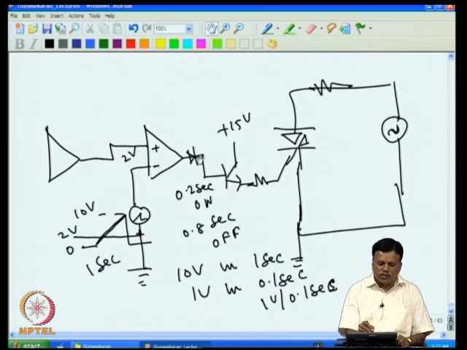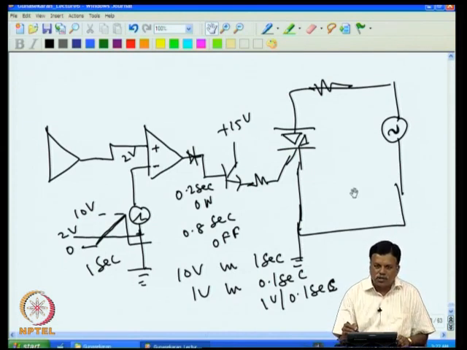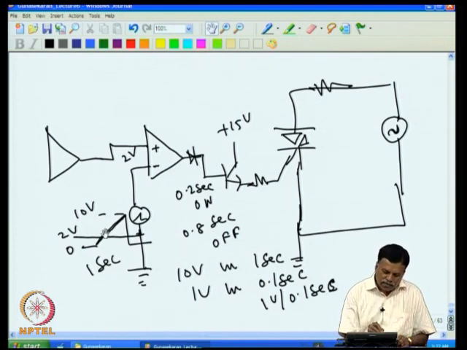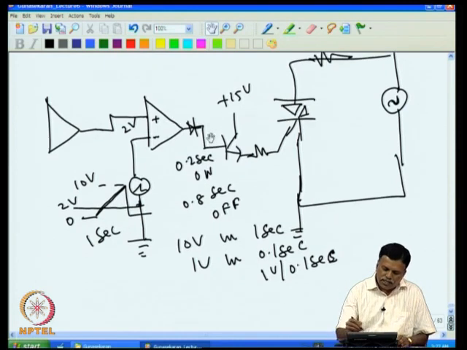So up to 0.2 second it will be on, and several AC cycles will go through, because one AC cycle lasts only 20 milliseconds. So in 100 milliseconds there are 5 cycles, and in 200 milliseconds 10 cycles will be conducting. The remaining 0.8 second will be off. If you see the pulse at this point, you will have 0.2 second on, 0.8 second off.